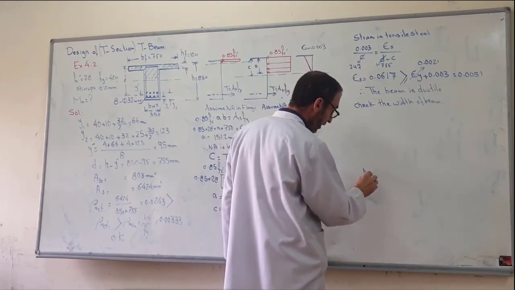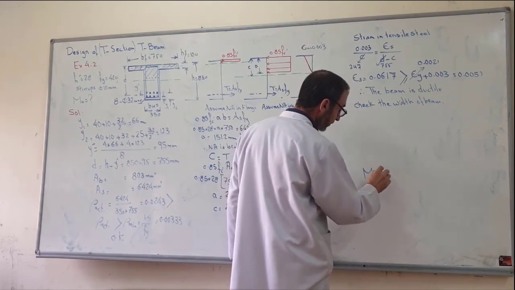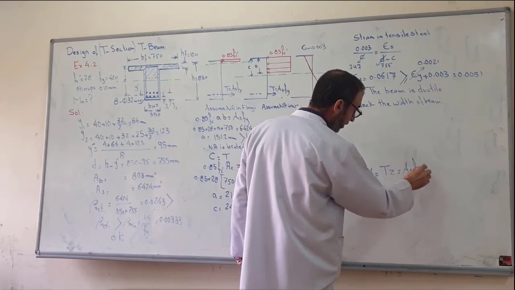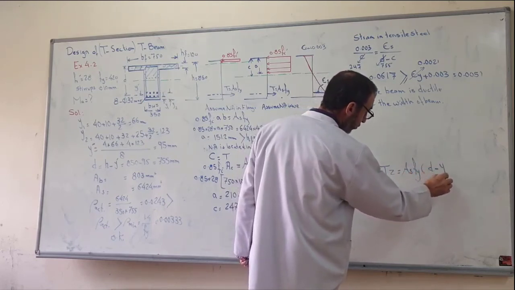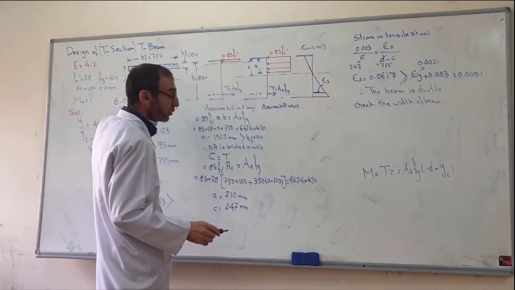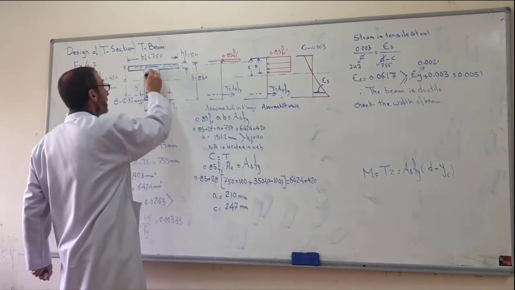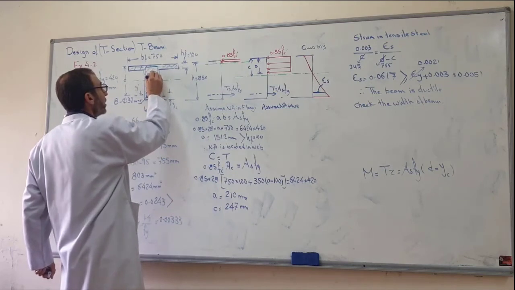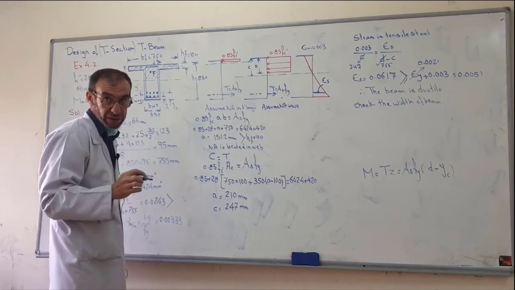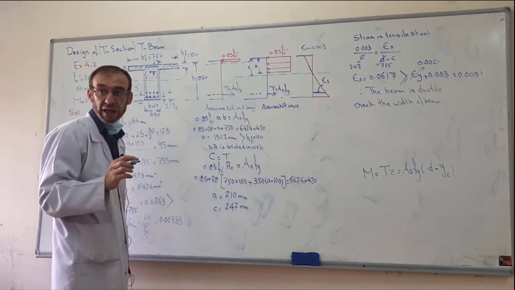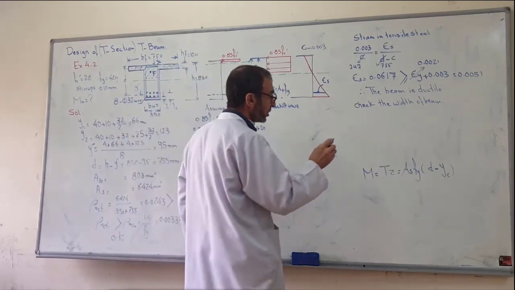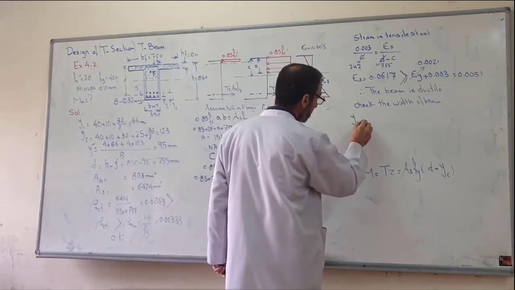Mn equals T times z, which equals As fy times d minus yc, where yc is the center of this area, the center of the compressive area, that is, the area that is under compressive force. How can we find yc?